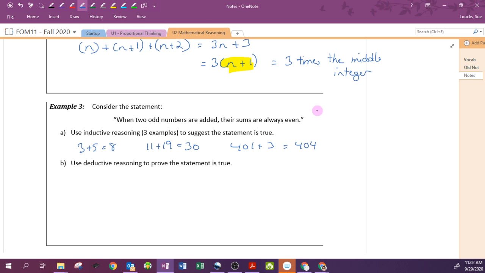To use deductive reasoning, I have to use variables. Now remember on the last page I said that to represent an odd number, you go 2n plus 1 or minus 1, doesn't matter. Let 2n plus 1 equal an odd number.